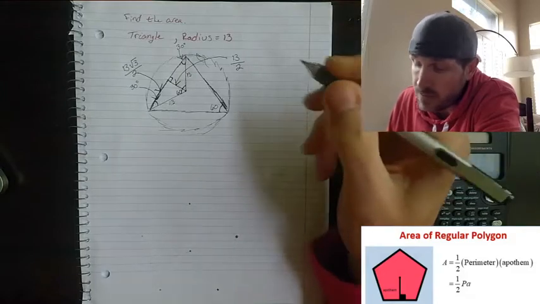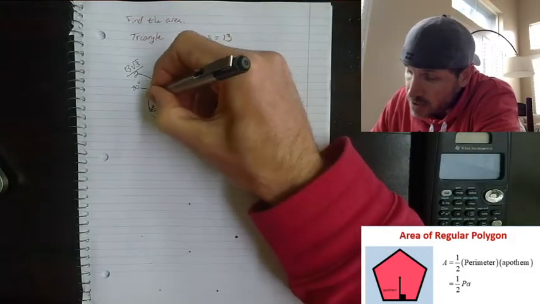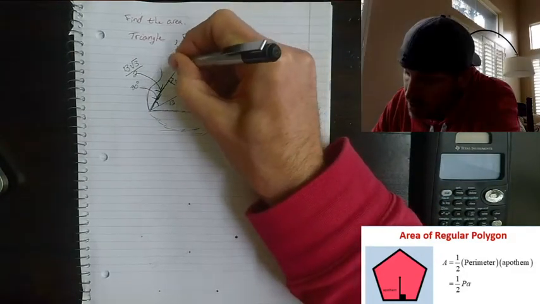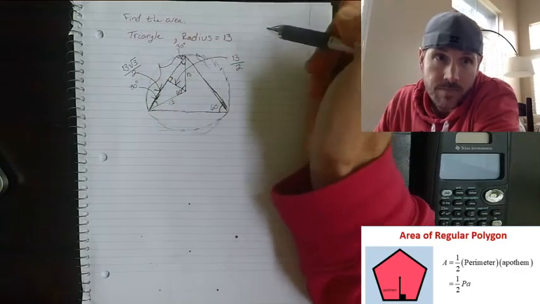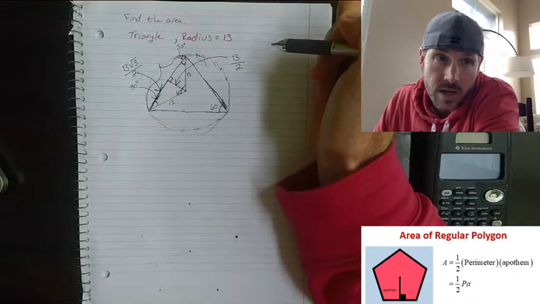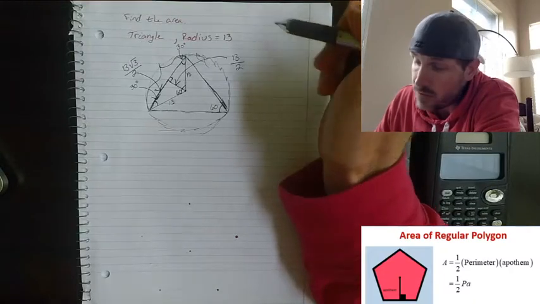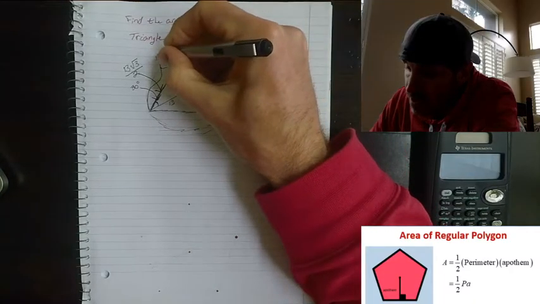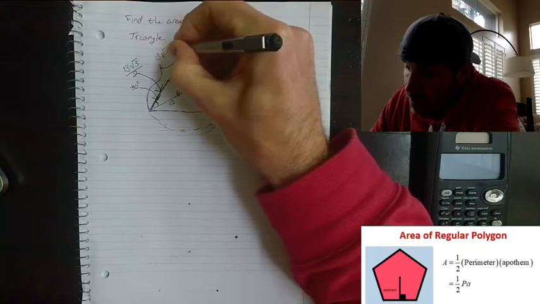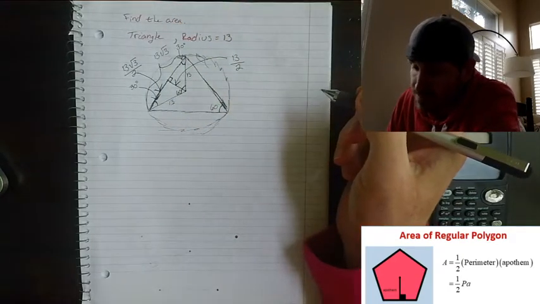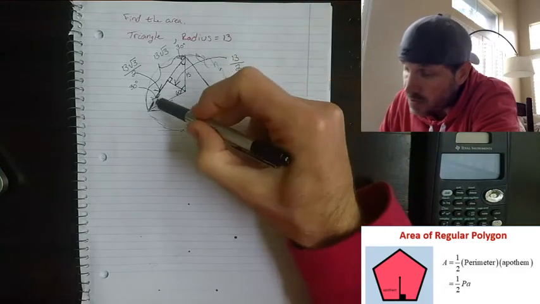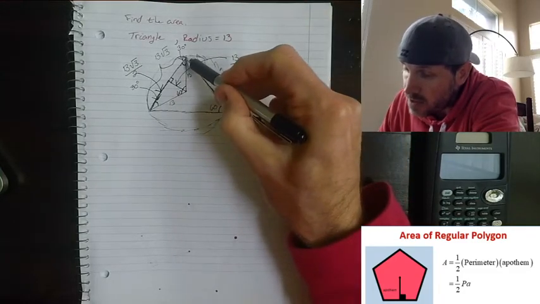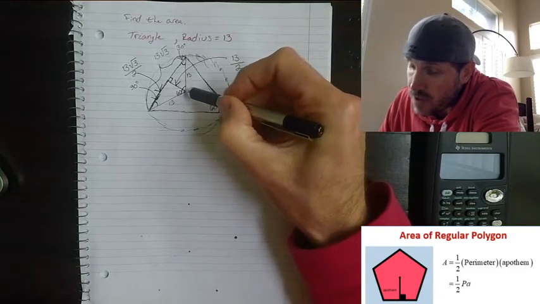So far, so good. That means that this entire side here is going to be double that, 13 radical 3 over 2, so that is 13 radical 3.